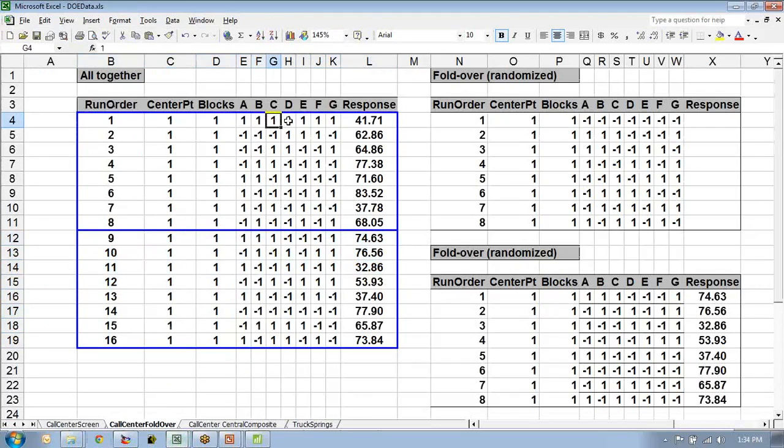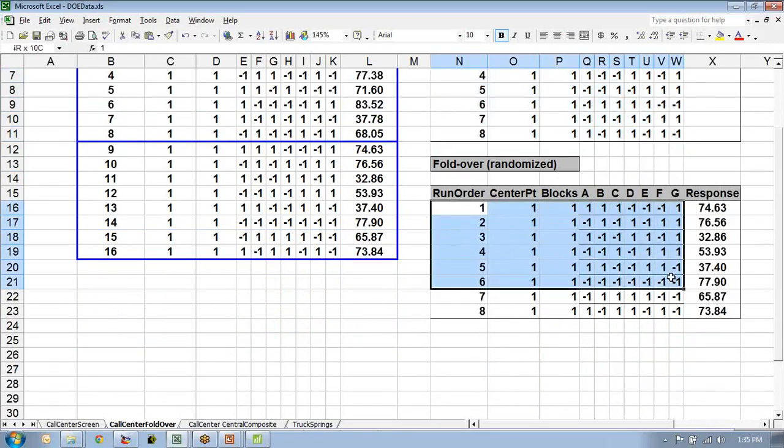You take all the 1s and -1s, whatever they are, and fold over the design by changing all the 1s to -1s and all the -1s to +1s. That's what happens if we put it in run order, and we fold over this design.